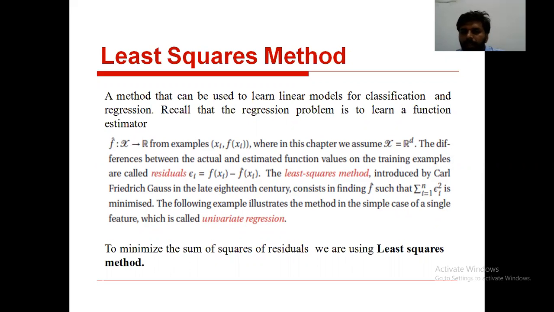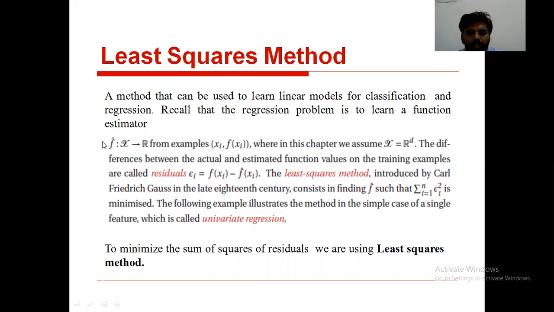Let me recap the regression problem. In the regression problem, we are using a function estimator f. This function estimator f is applied on the instance space X. Observe the mouse pointer location. f is the function estimator and X is the instance space. And what we are getting? We are getting a regression.